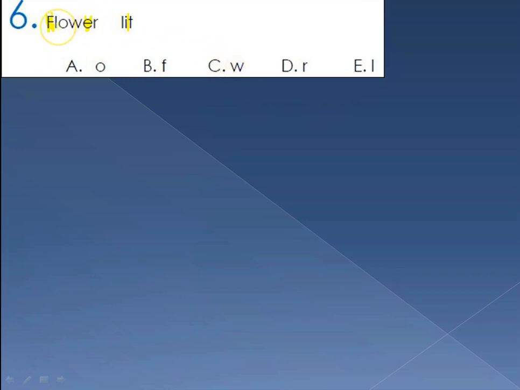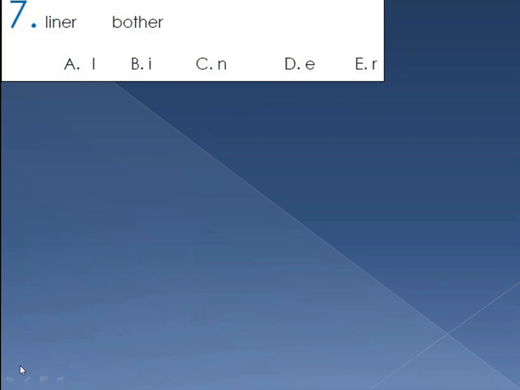W, flow, no, that won't make sense. Or, if you got rid of this R and put it over here, it doesn't make a sensible word. And L, flower, still no, and it has to be B and moving the F. So lower and lift.